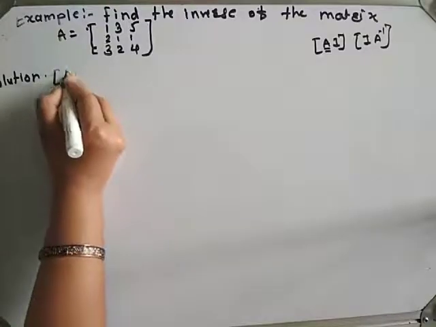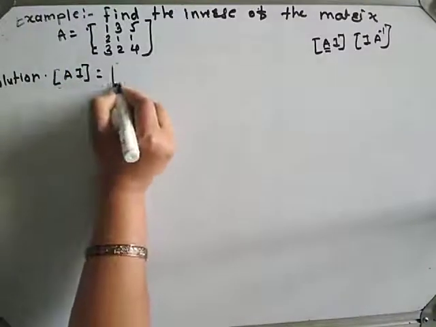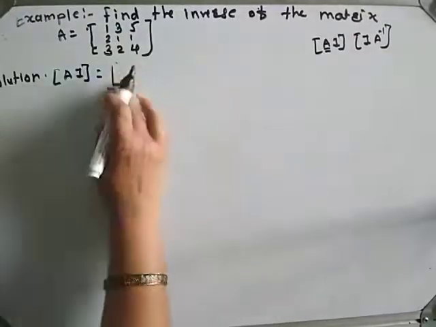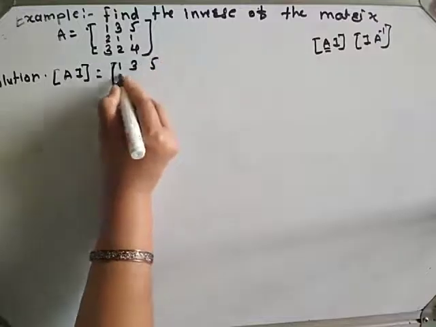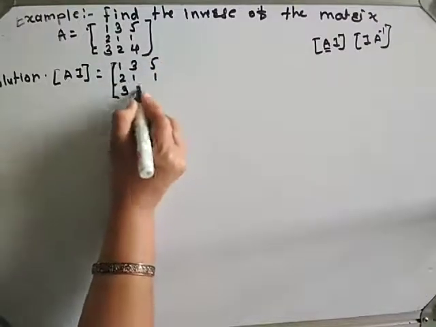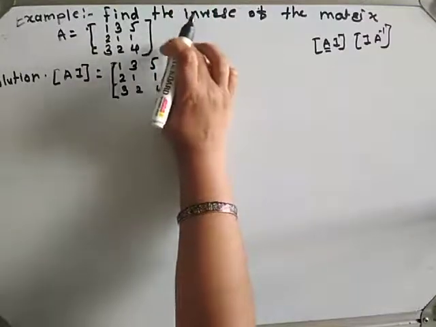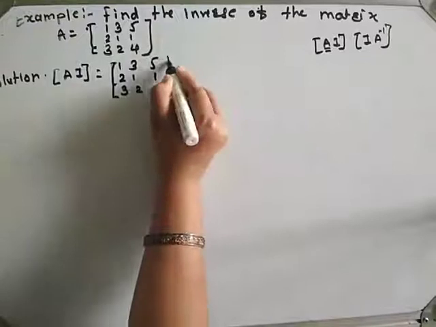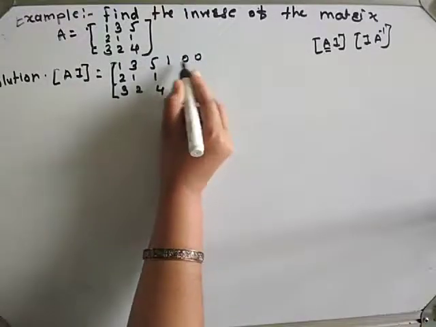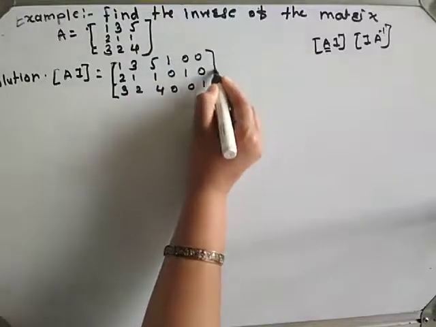First we have to consider the augmented matrix [A | I]. A means this matrix [1 3 5; 2 1 1; 3 2 4]. See, this matrix is of order 3 by 3. Therefore we have to consider the identity matrix of order 3 by 3, which is nothing but [1 0 0; 0 1 0; 0 0 1].